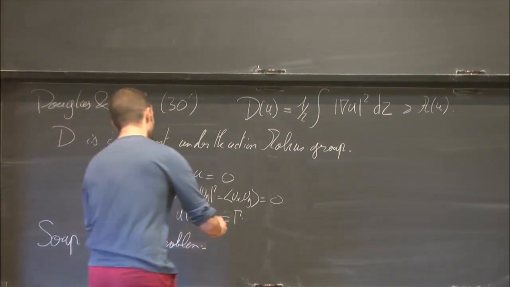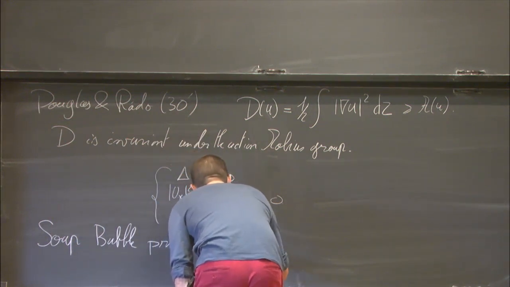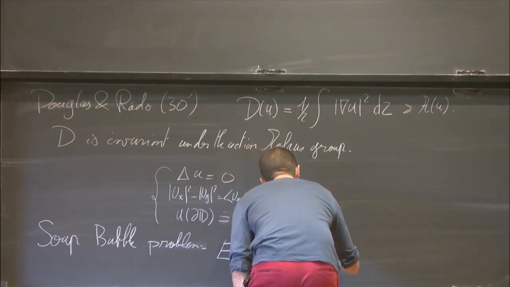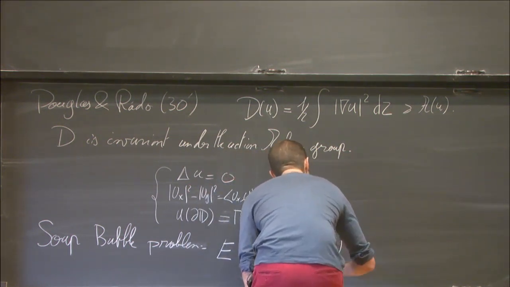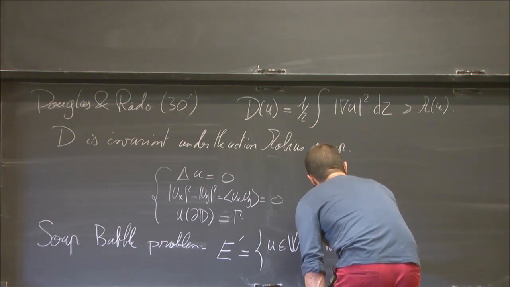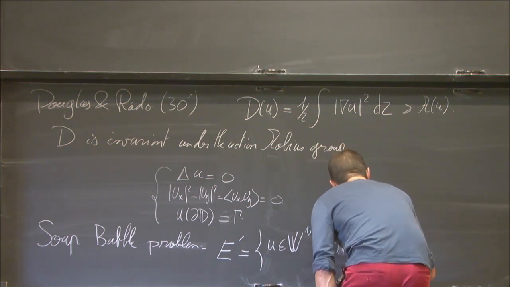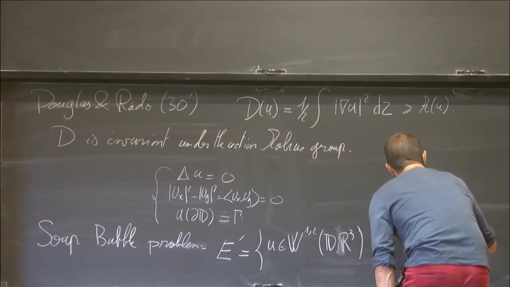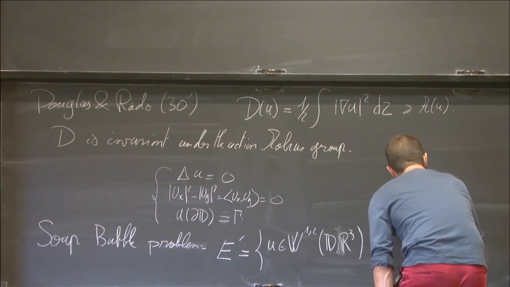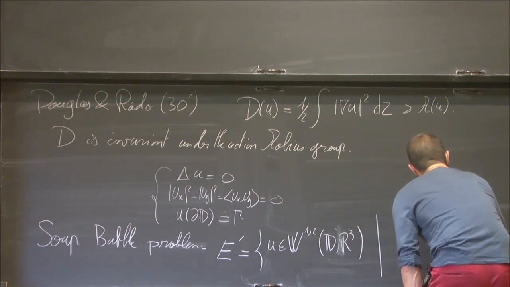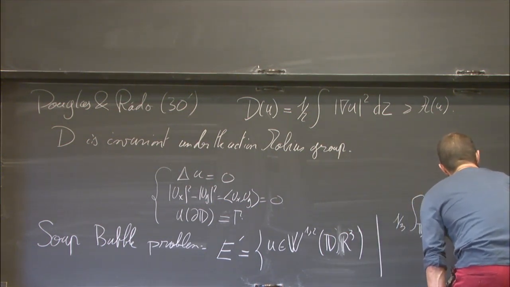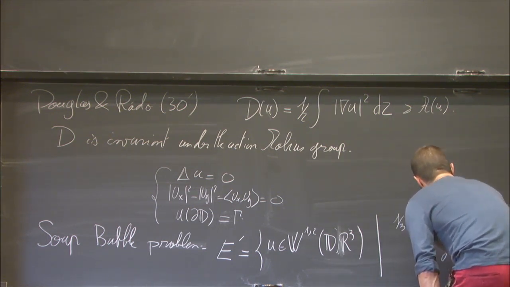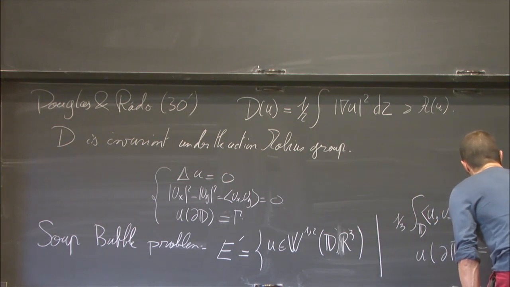So you replace your space E by E prime, the space of W^{1,2} maps from the disk to R3 such that one third, for instance, of the integral of u_x wedge u_y dz equals 1, and of course you still send the boundary of the disk to gamma.